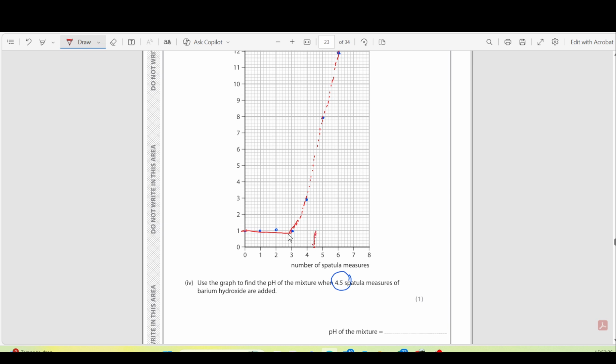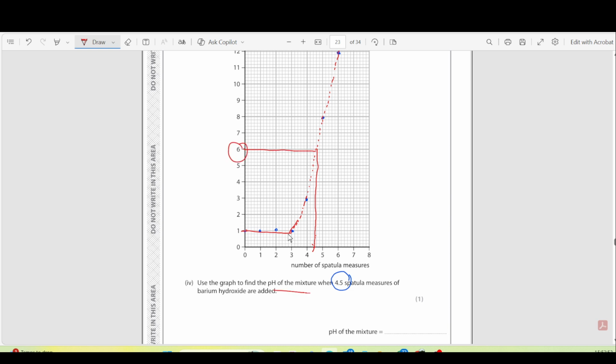For 4.5, you need to use a ruler. I must draw it straight, so let me go like this. At 4.5, you can see this is 6, right?